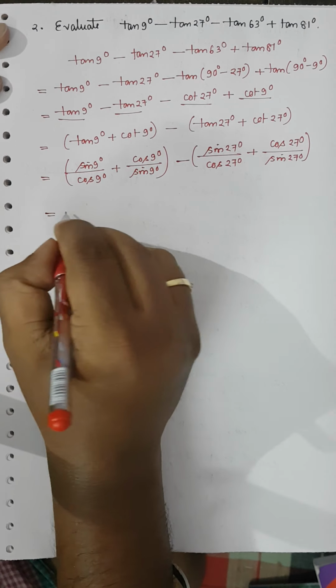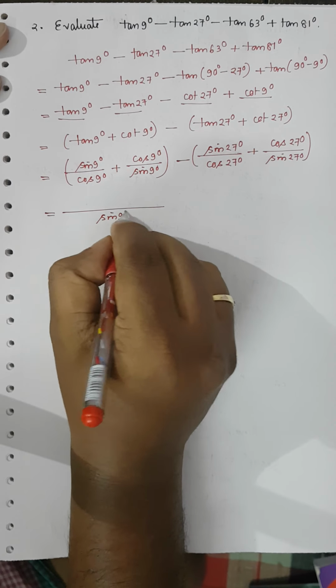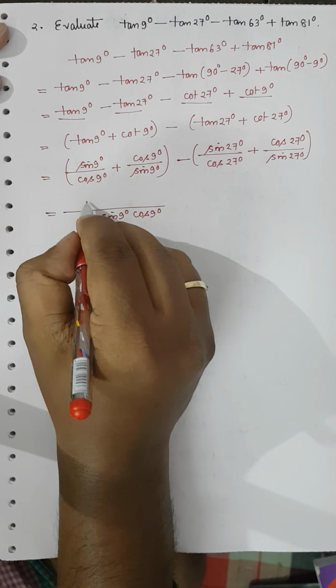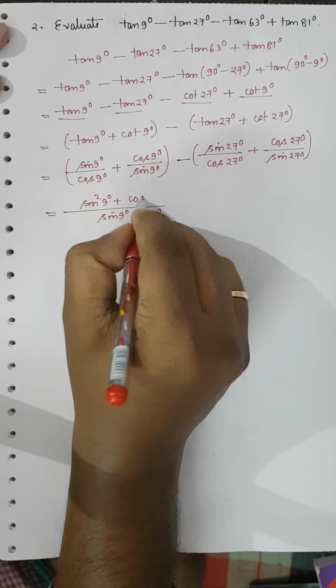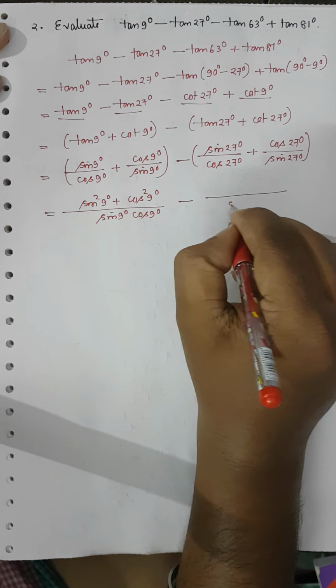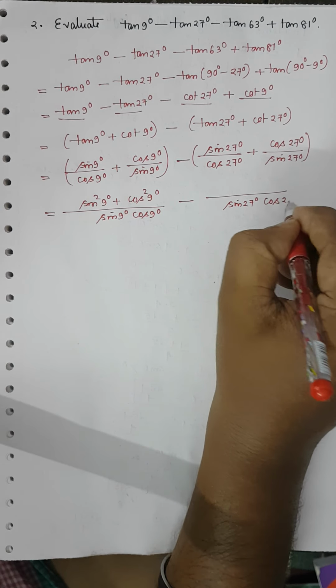If I take the LCM, I'll have sin 9° cos 9° in the denominator. Now take LCM: this is (sin² 9° + cos² 9°) minus (sin² 27° + cos² 27°) over sin 27° cos 27°.